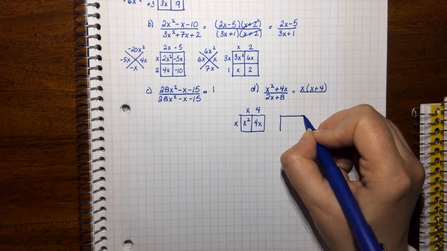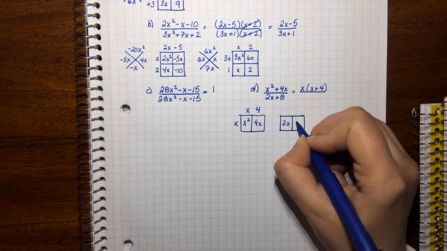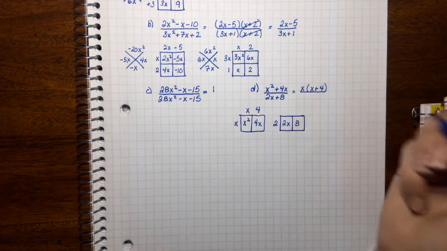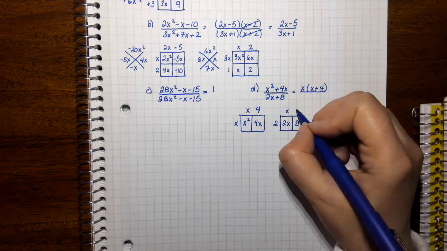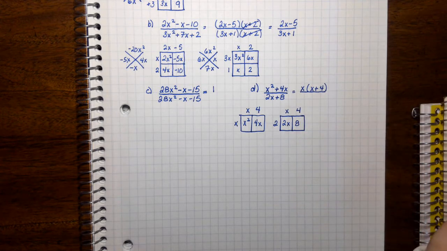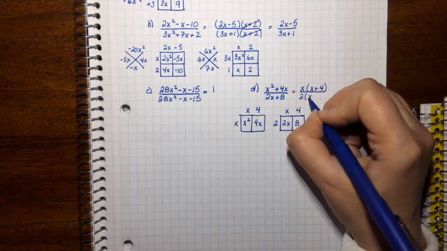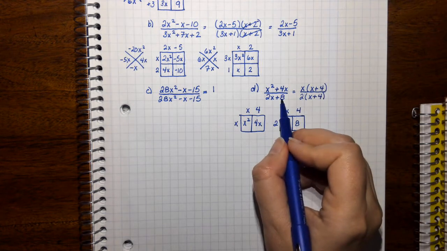Okay, last thing. Let's practice this again. 2x, 8. What do they have in common? 2. 2 times x and 2 times 4. So I have 2x plus 4. Okay, so notice they both have 2 in common.